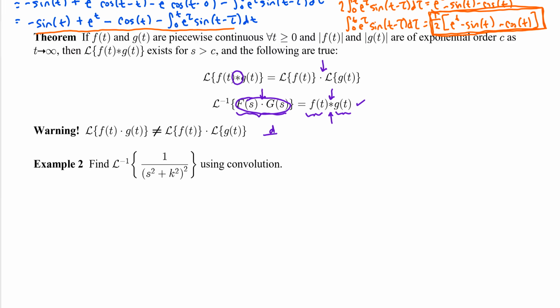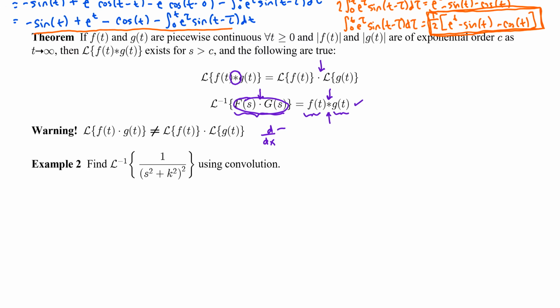For example, the derivative with respect to x of the product of two functions of x is not equal to the derivative with respect to x of f times the derivative with respect to x of g. Okay, make sure you write not equals. We know that if we start with the product of two functions and we want to find the derivative, we have to apply something called the product rule, right?